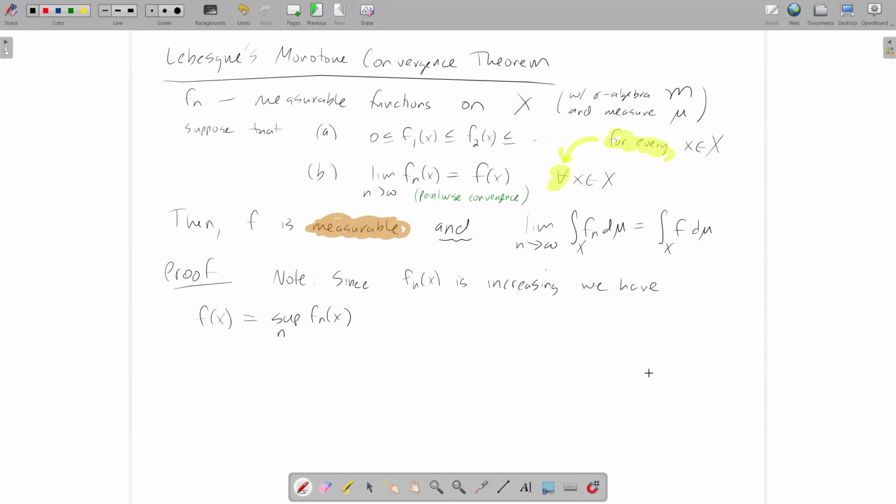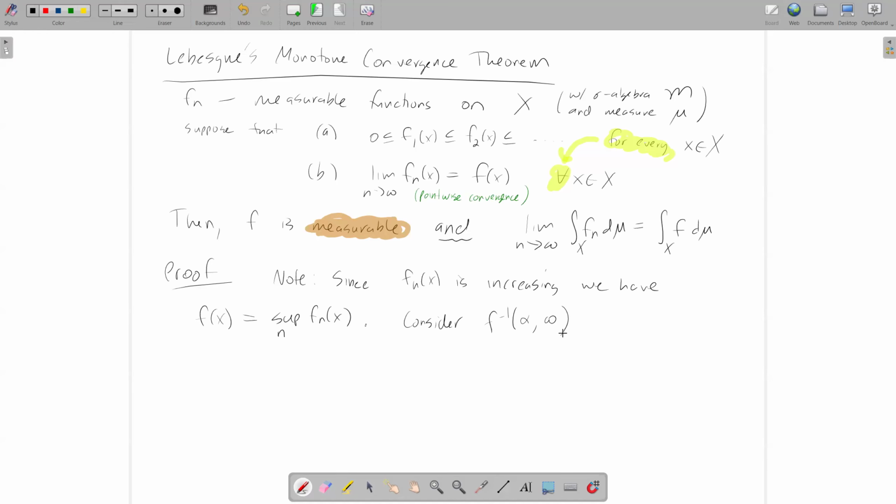Let's consider f inverse of the interval from alpha to infinity, and we can include infinity if we want.